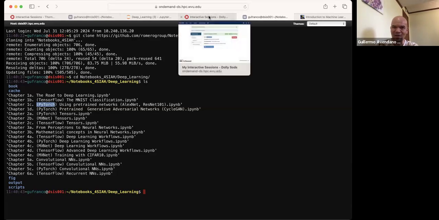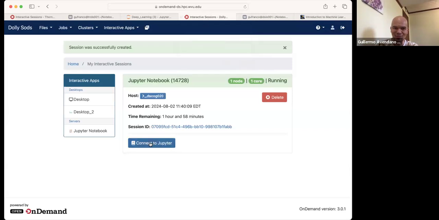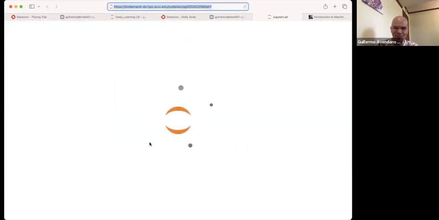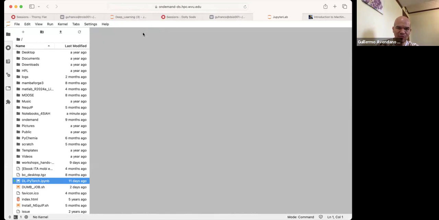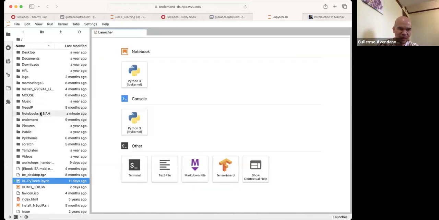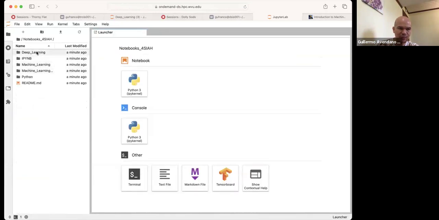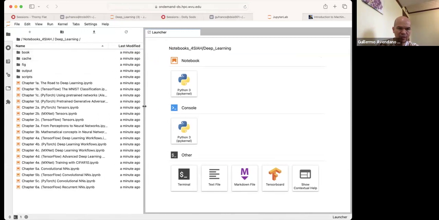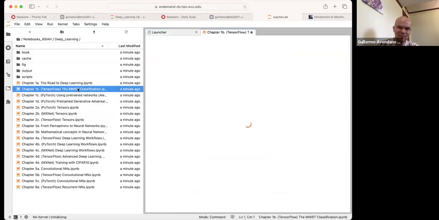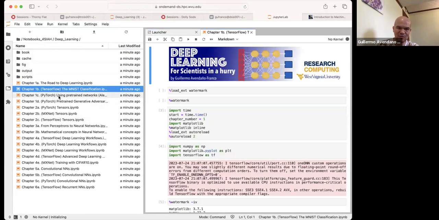Now, I got my Jupyter notebook ready, and I will not be using this. And I have here deep learning, and let's see if I go with this one. Probably will skip this one. Let me see if I can do this one or this one.